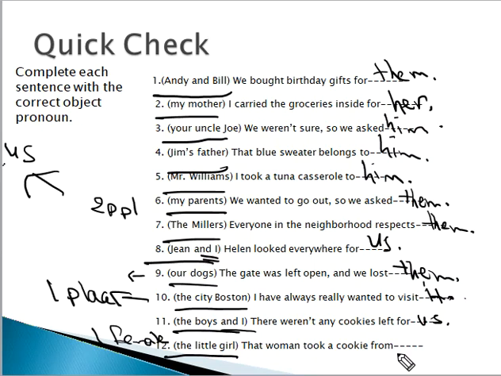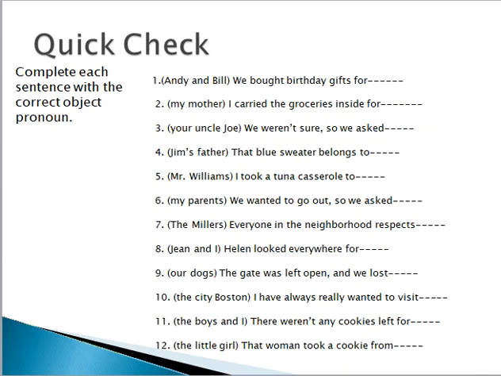Do we say her, him, or them? Remember, she's a girl and she's only one person. Good job. Her. You did really great, guys. Let's move on to the last type of pronouns.